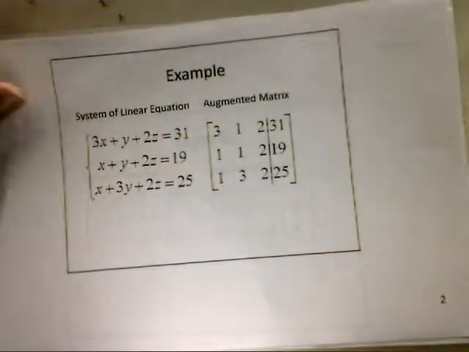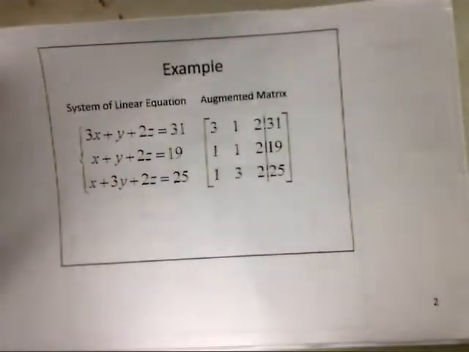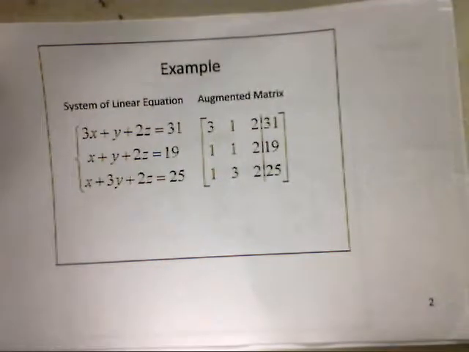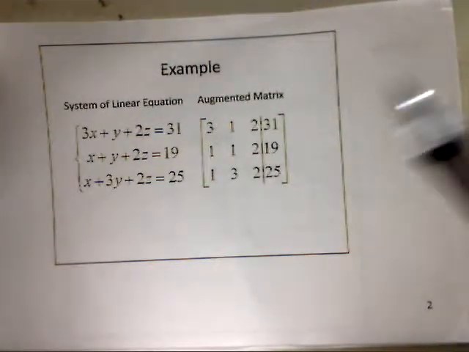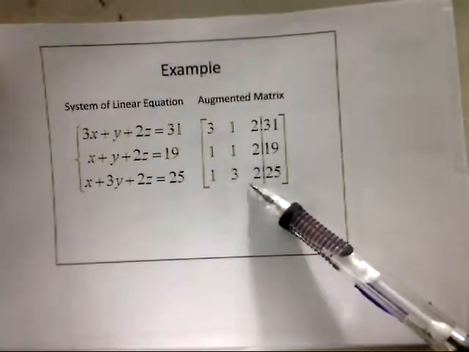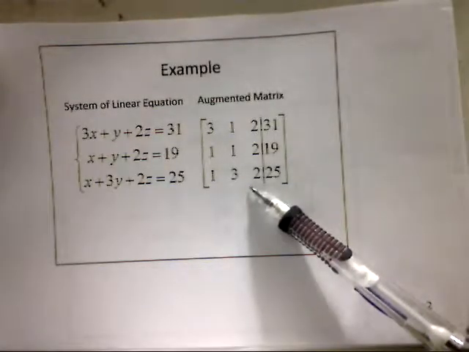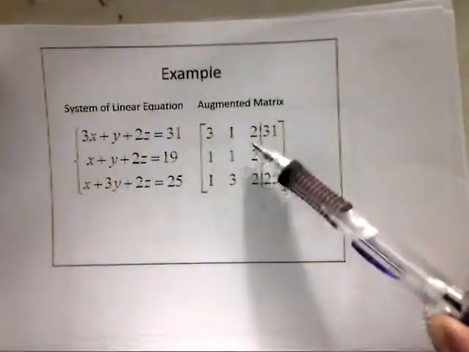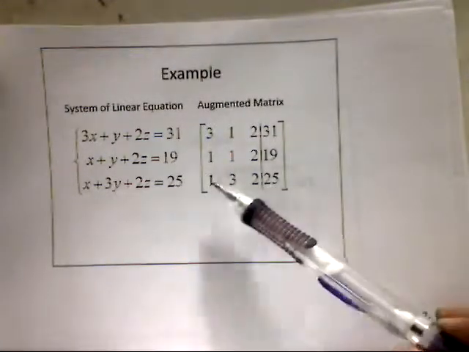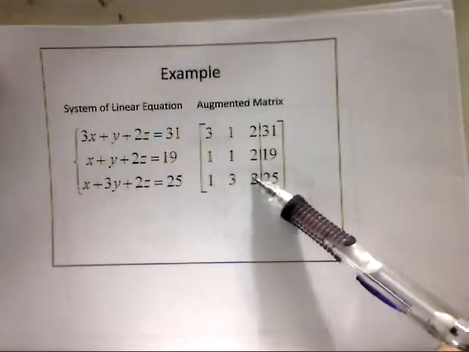All right, let's say we have this system of linear equations here. On the left, you have 3x plus y plus 2z is equal to 31. x plus y plus 2z is equal to 19. And x plus 3y plus 2z is equal to 25. That's the system of linear equations. On the right side, you'll see the augmented matrix for that. On the left side of the vertical bar are the coefficients for x, y, and z.